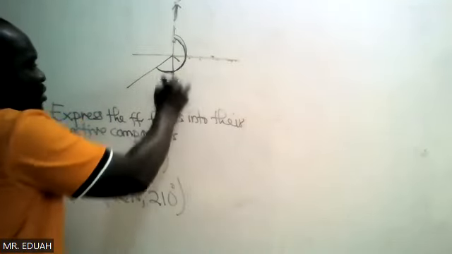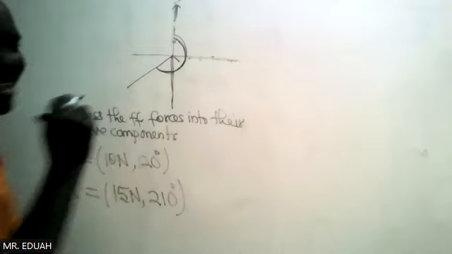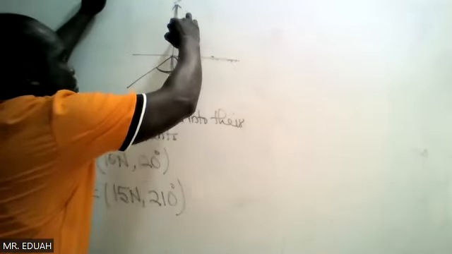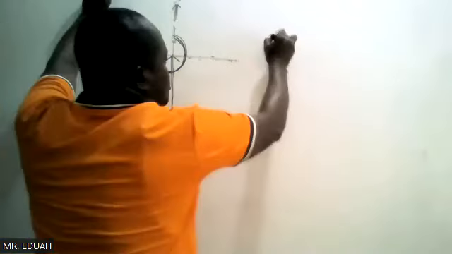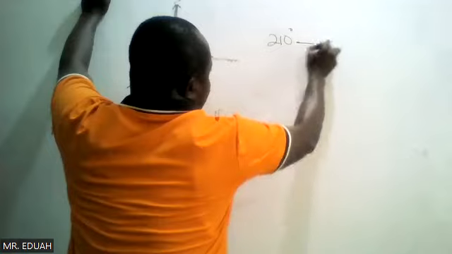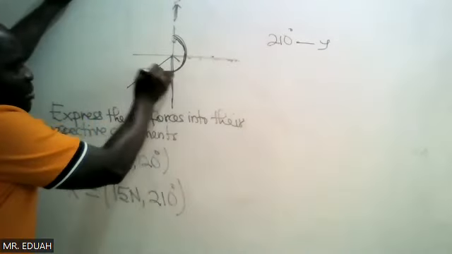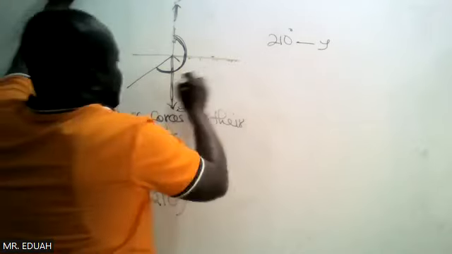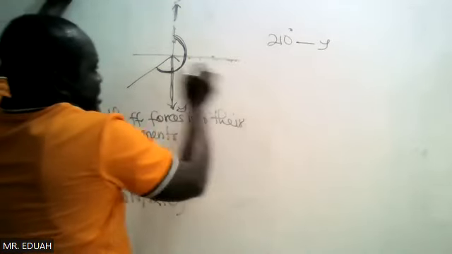So look at something. The whole angle it makes with the positive y-axis is 210. Another angle it makes with the y, this is the negative y-axis, is 30.